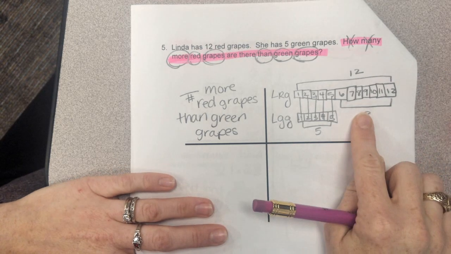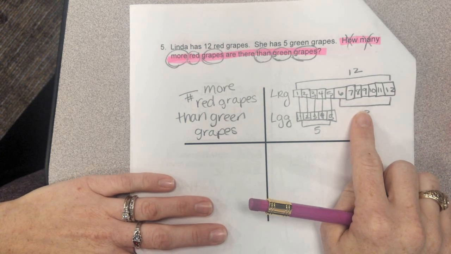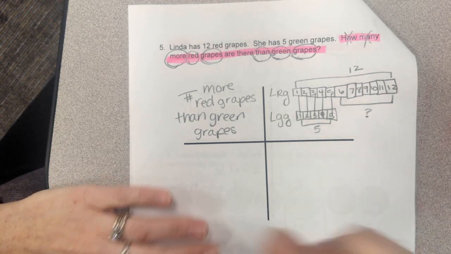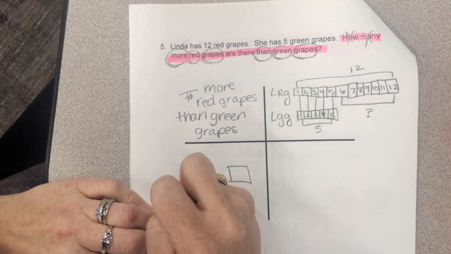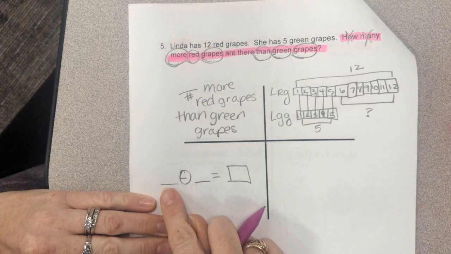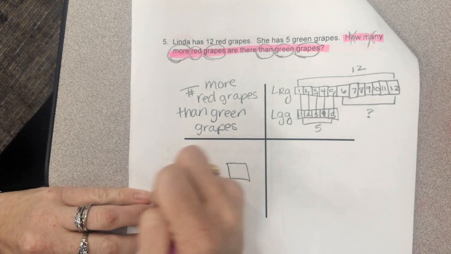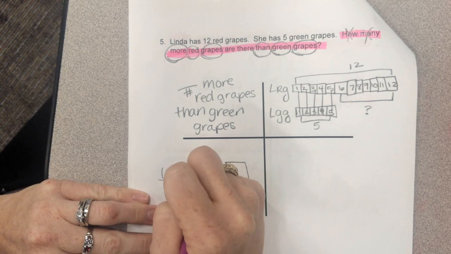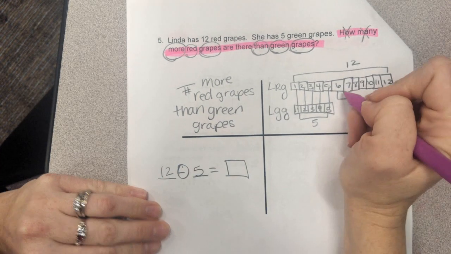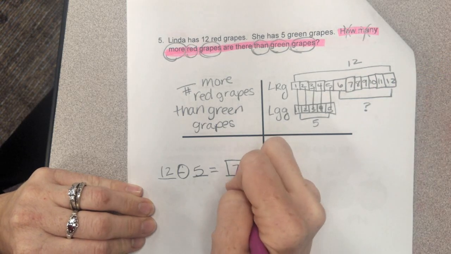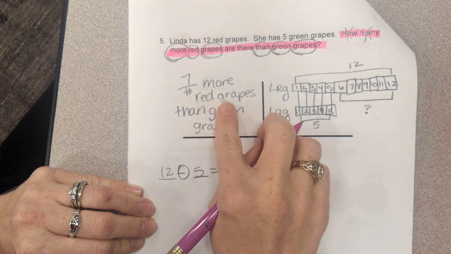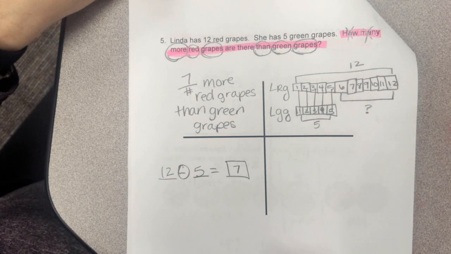Now I know that I get a smaller answer when I compare. And so we know that compare is a subtraction. And I know I started with my bigger number, which is 12. Subtract 5. And I know I have 1, 2, 3, 4, 5, 6, 7 more red grapes than green grapes.